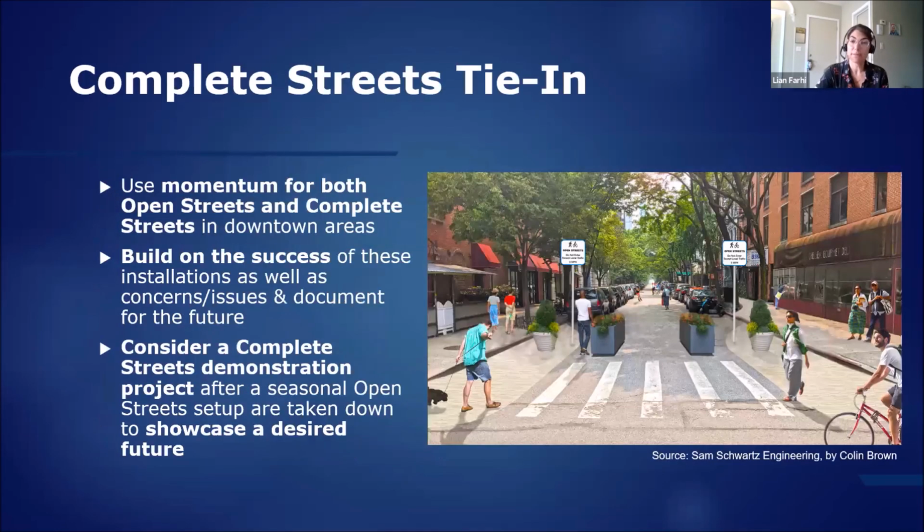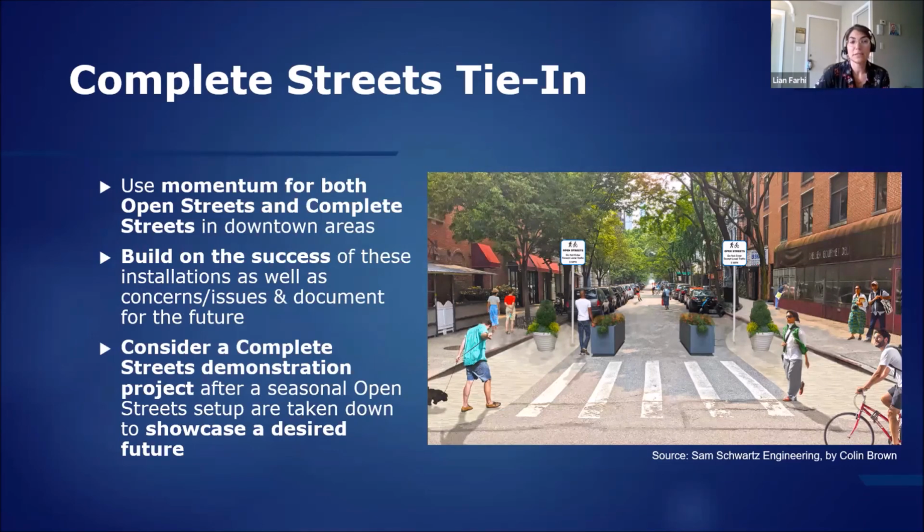And we want to tie it back to complete streets. So take the momentum of putting in an open street as a first step in order to create a more complete streets program plan in the downtown areas and across towns and cities.